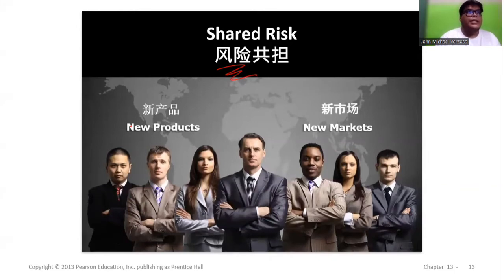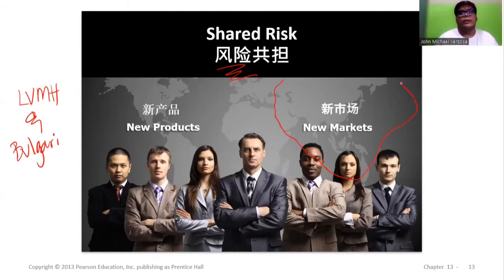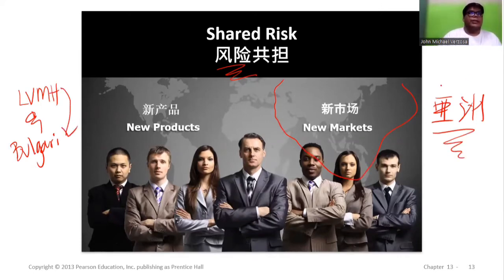Like for example, the case last night, LVMH and Bulgari, so they have not penetrated. They will help LVMH Bulgari to penetrate Asia because they're weak. They are strong in Europe, but not in Asia.